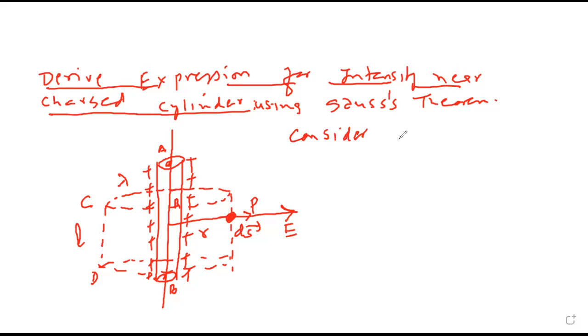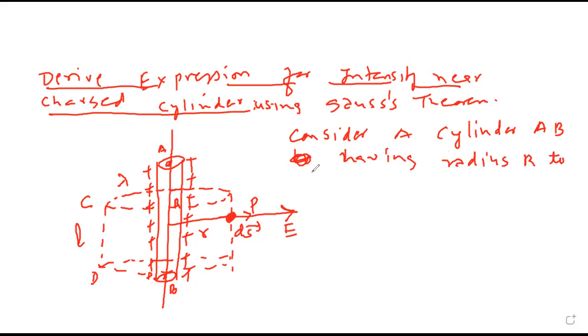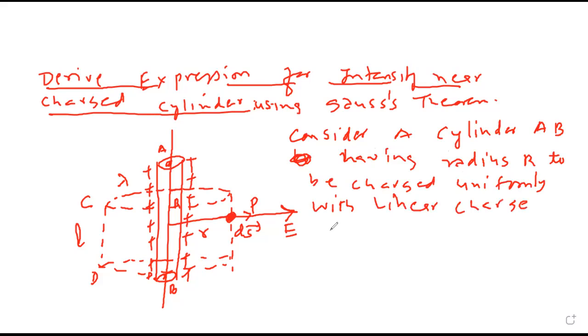Consider a cylinder AB having radius capital R to be charged uniformly with linear charge density lambda. Linear charge density means charge per unit length.